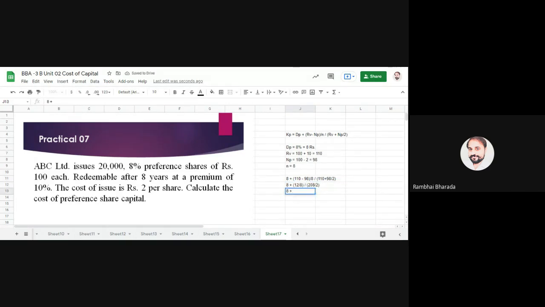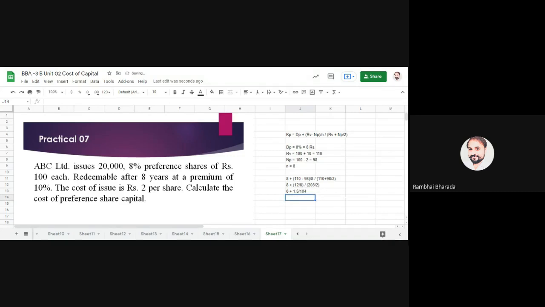So 8 plus 12 divided by 8. 12 divided by 8, how many? 1.5, very good. And 208 divided by 2 is 104.